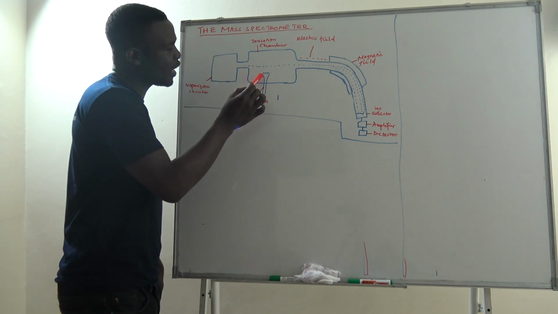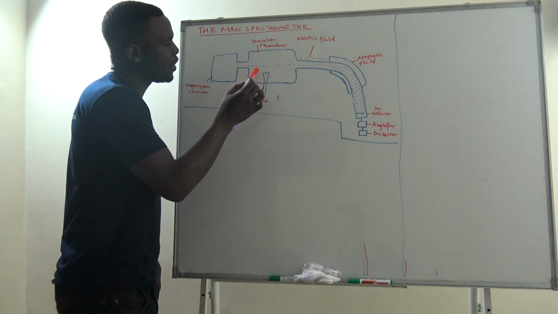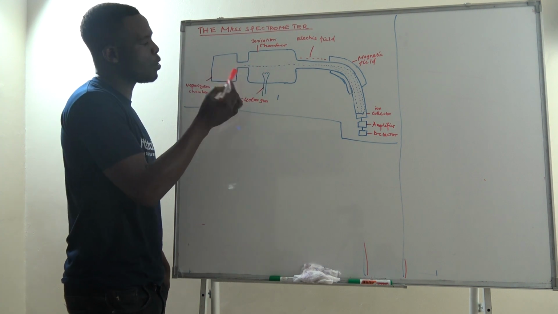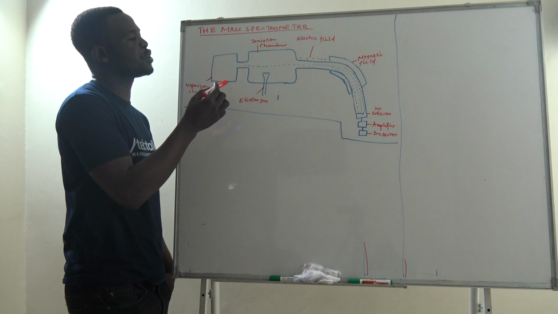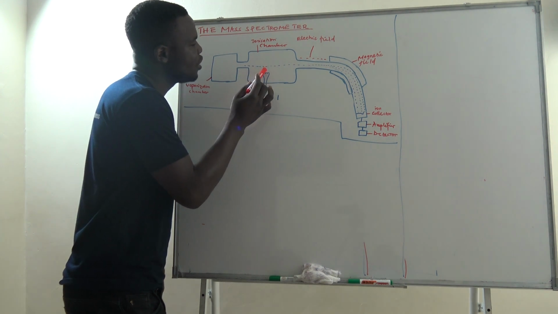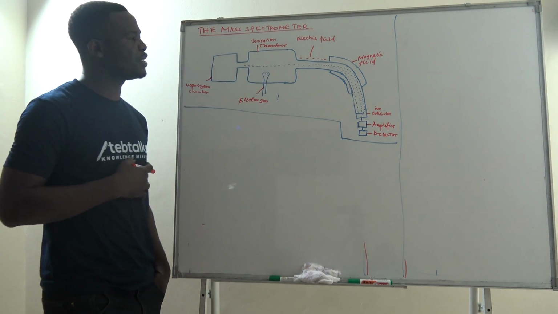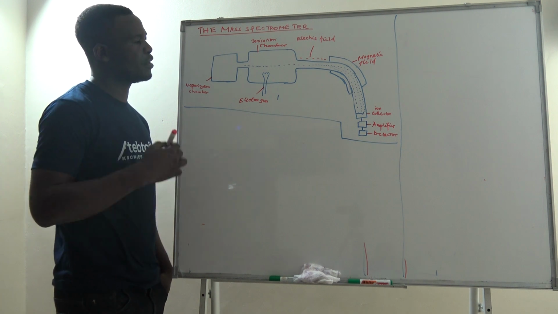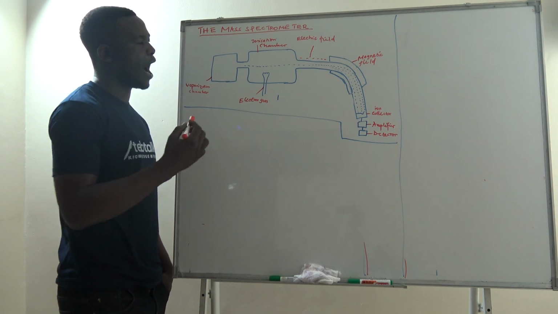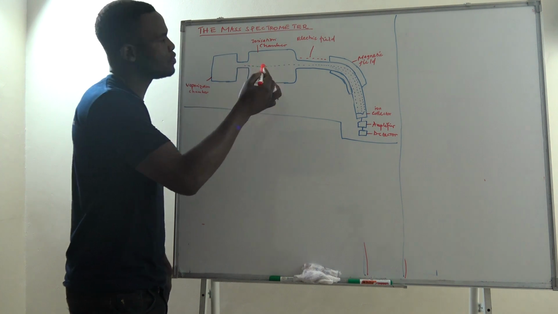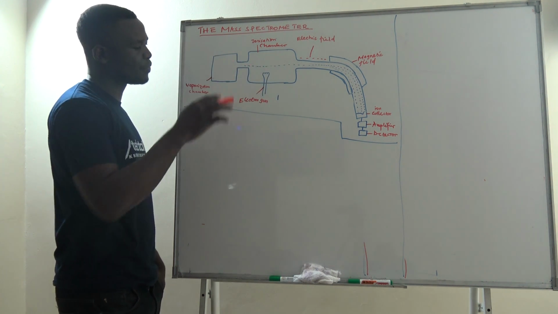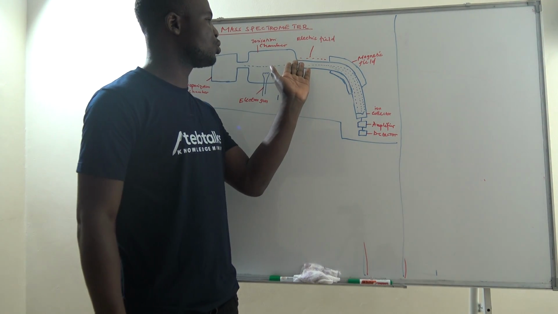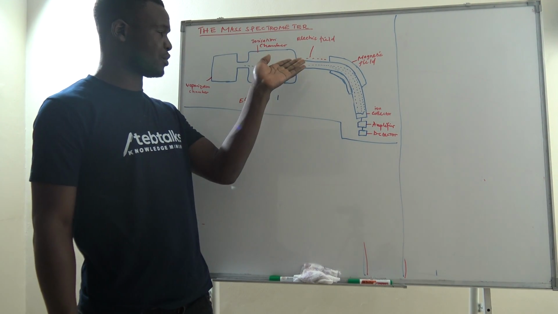Now, these electrons that are produced collide with the gaseous particles of the sample from the vaporization chamber, and they knock off electrons from these gaseous particles, and then they form molecular ions, and these molecular ions formed are positive. Now, the molecular ions are then accelerated into a negative electric field.